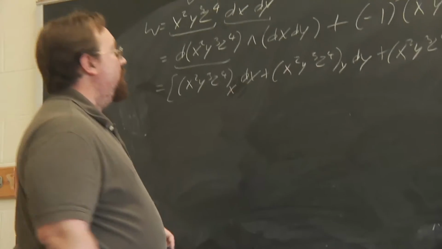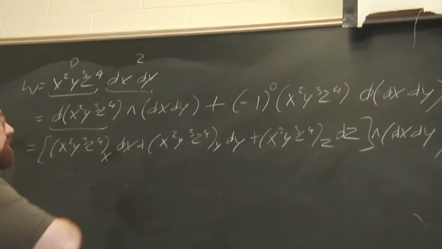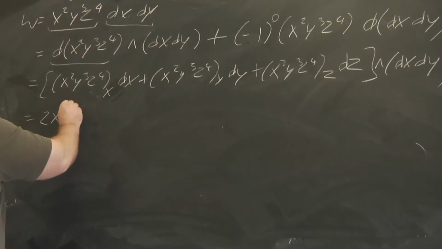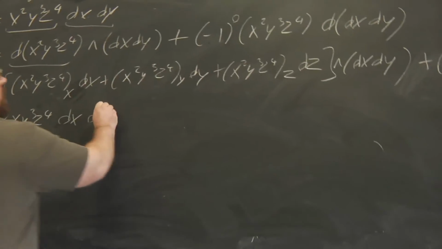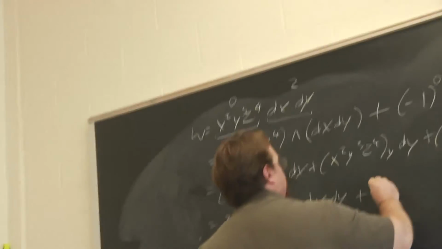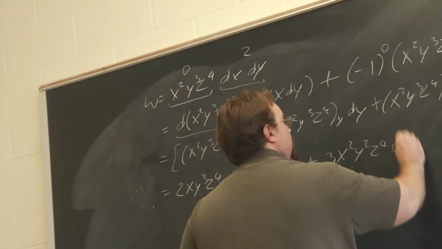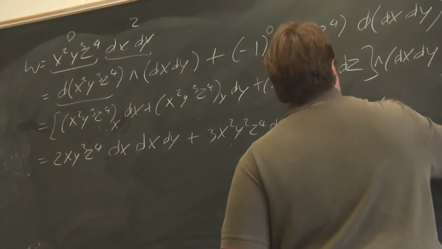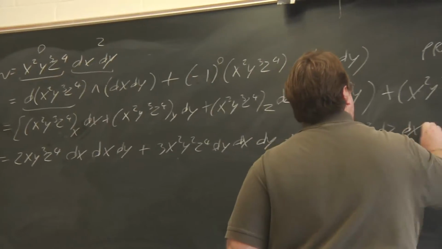So now here we have 3 terms. We're going to distribute this wedge product across these 3 terms. So we're going to have 2x y cubed z to the 4th dx dy, plus 3x squared y squared z to the 4th dy dx dy, plus 4x squared y cubed z cubed dz dx dy.